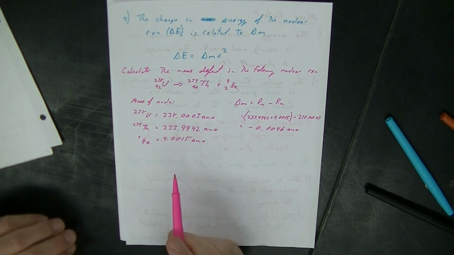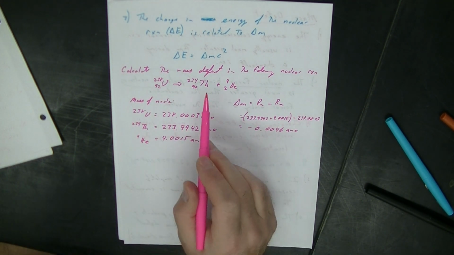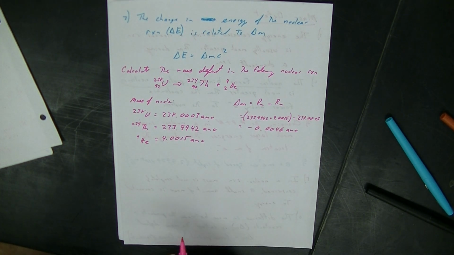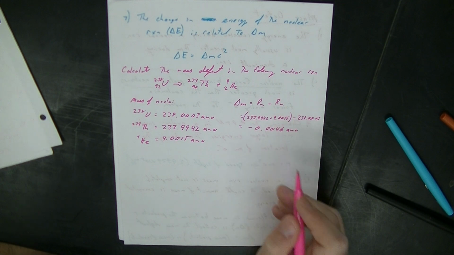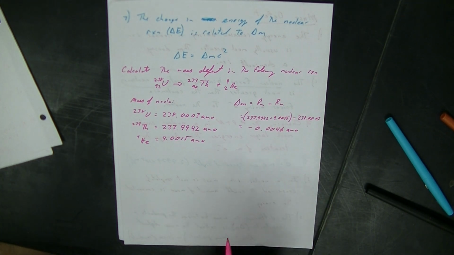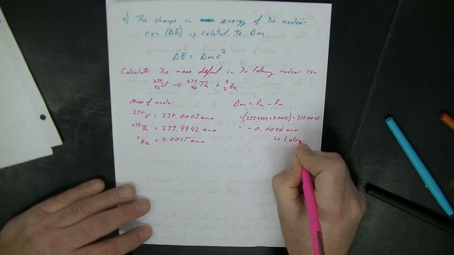This is if we have one atom of uranium going to one atom of thorium and one alpha particle. So we lose 0.0046 AMUs for one atom.